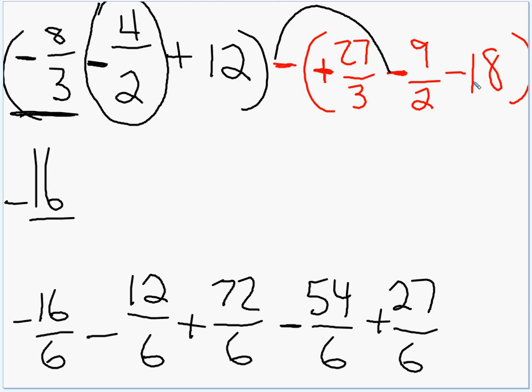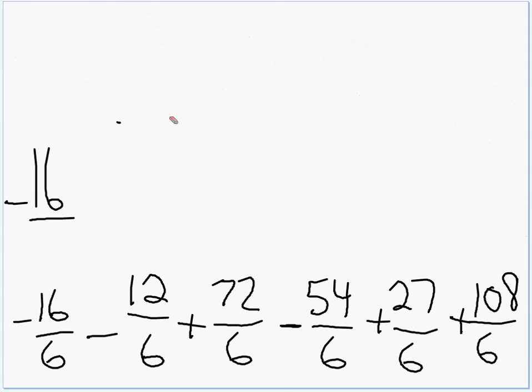And then this will become a plus 18. 18 times 6, 60 and 48, 108, 108/6. And since it's all denominator 6, if you add and subtract all the numerator numbers, we do get the expected 125/6.